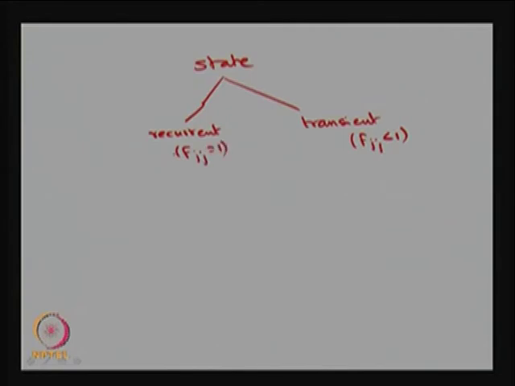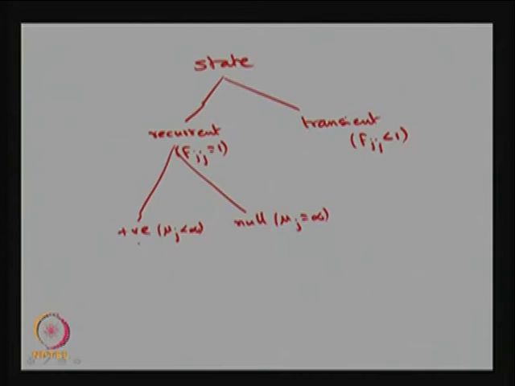I can classify the recurrent state into two forms, either positive recurrent or null recurrent. Positive recurrent corresponds to mu j or mu j j, both are one and the same, being a finite value, or null recurrent corresponds to mu j equal to infinity. That means, based on the mean recurrence time, you can conclude whether it is positive recurrent or null recurrent.